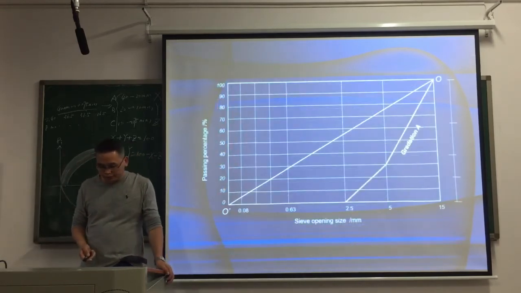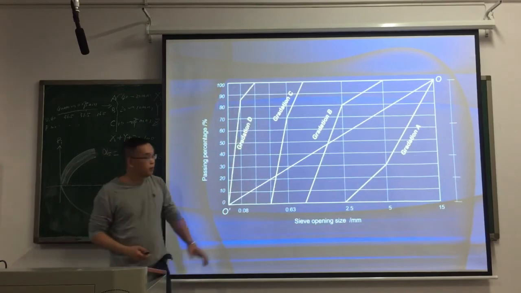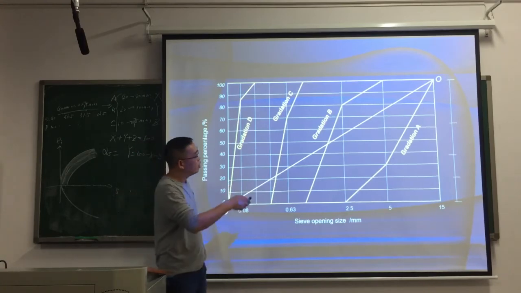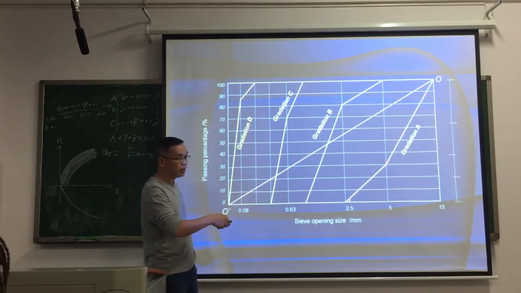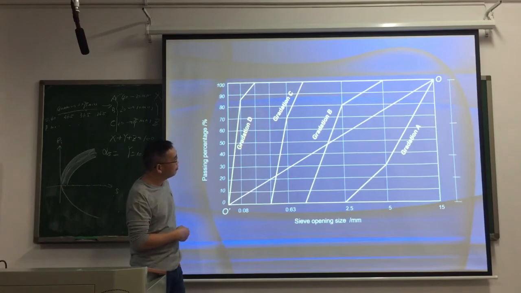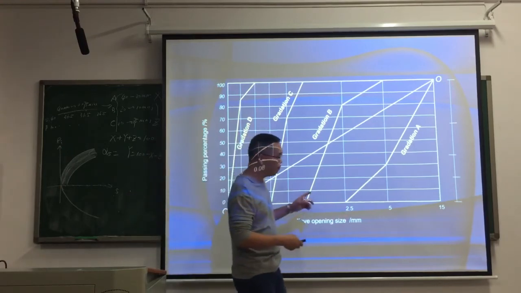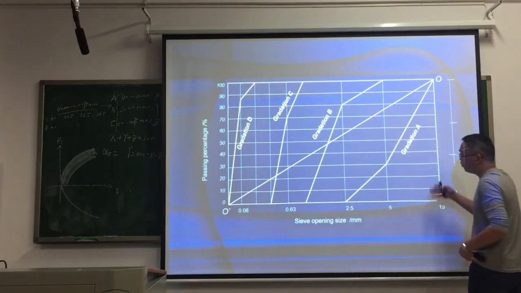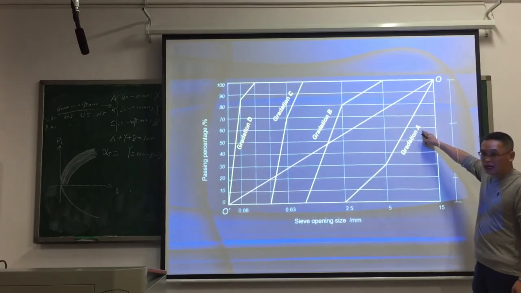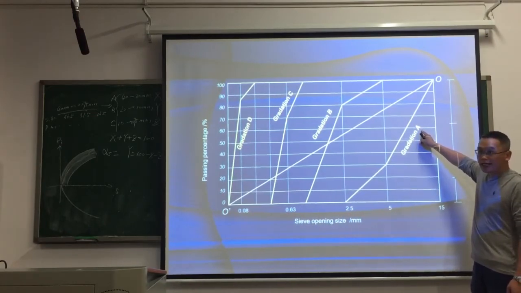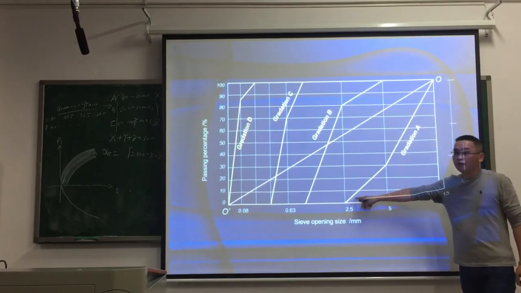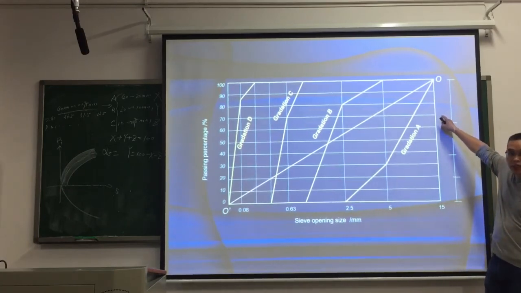And then, because there are 4 kinds of aggregates, we can draw the gradation of each one. And then from here we also can find the size of these 4 aggregates. For example, for the gradation of aggregate A, the size of aggregate A is between 2.5 and 15 millimeter.